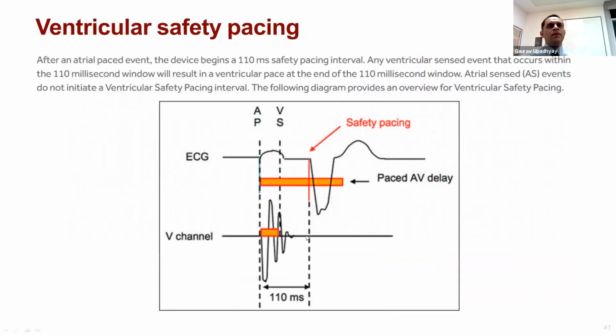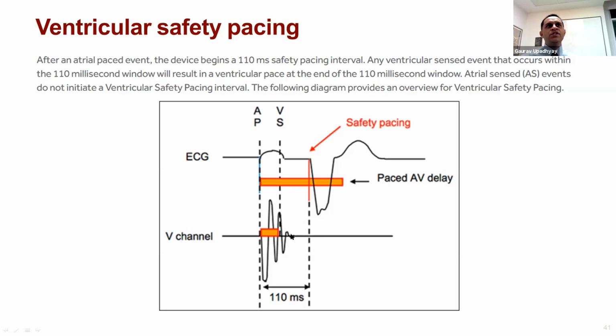So after an A-paced event, the V channel might sense something that is actually not a true ventricular event. That's crosstalk. And if that would occur and it inhibited itself, then you would have asystole after A-pacing.